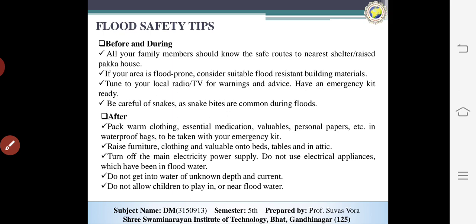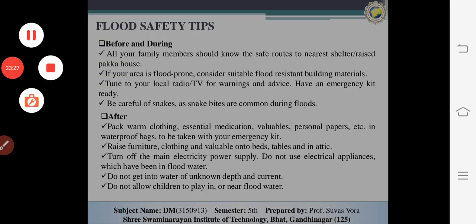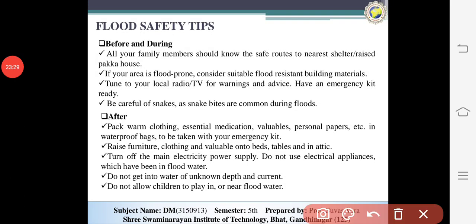Now, what is the safety when floods occur? Here we can study before and during these floods.